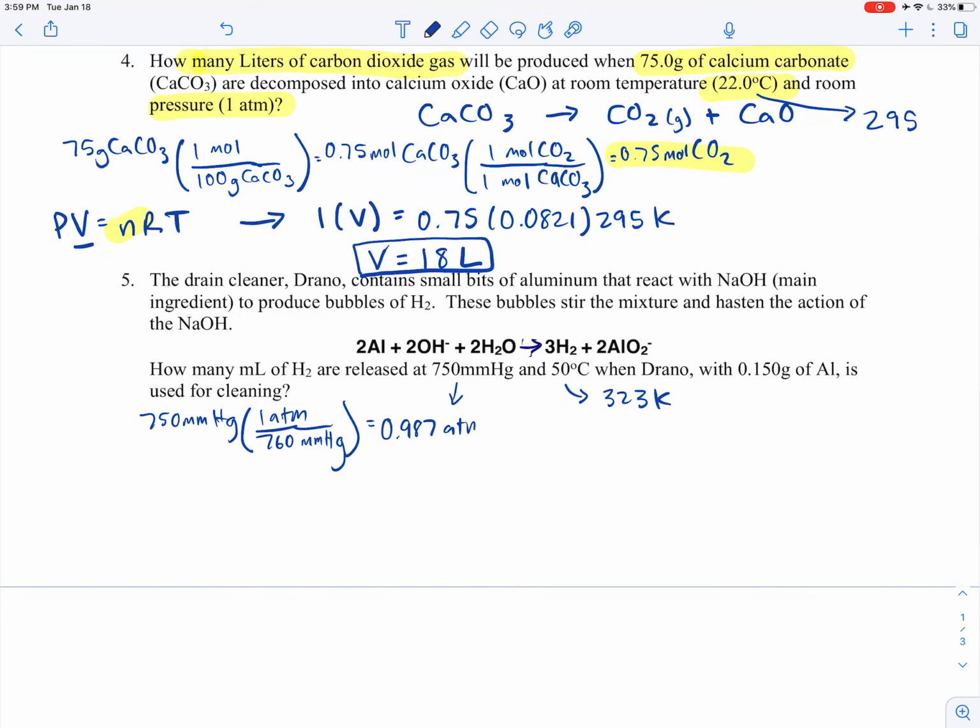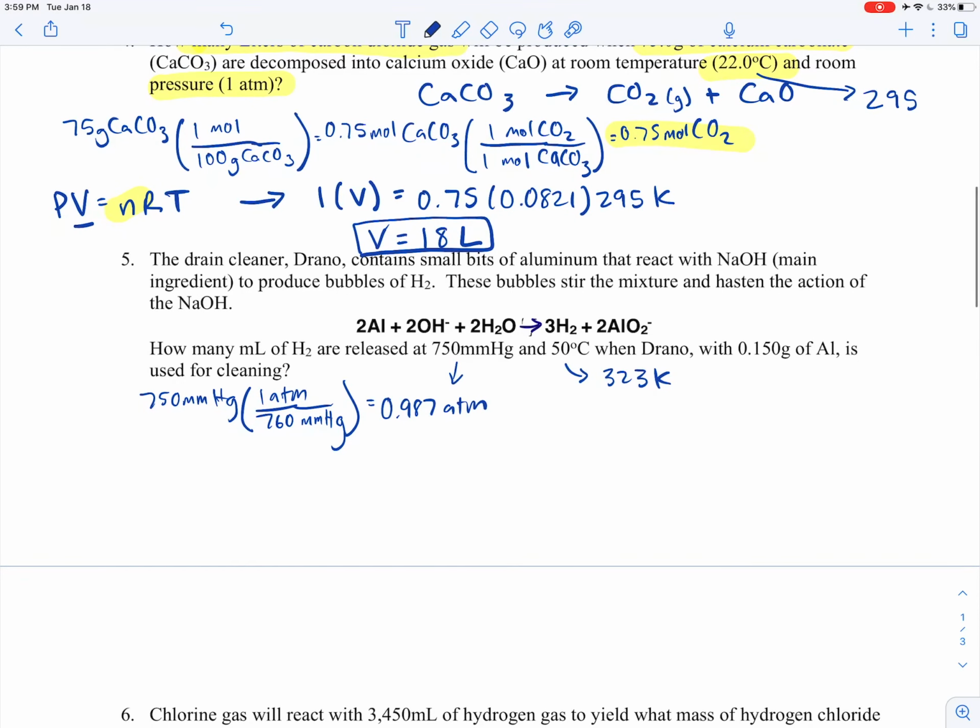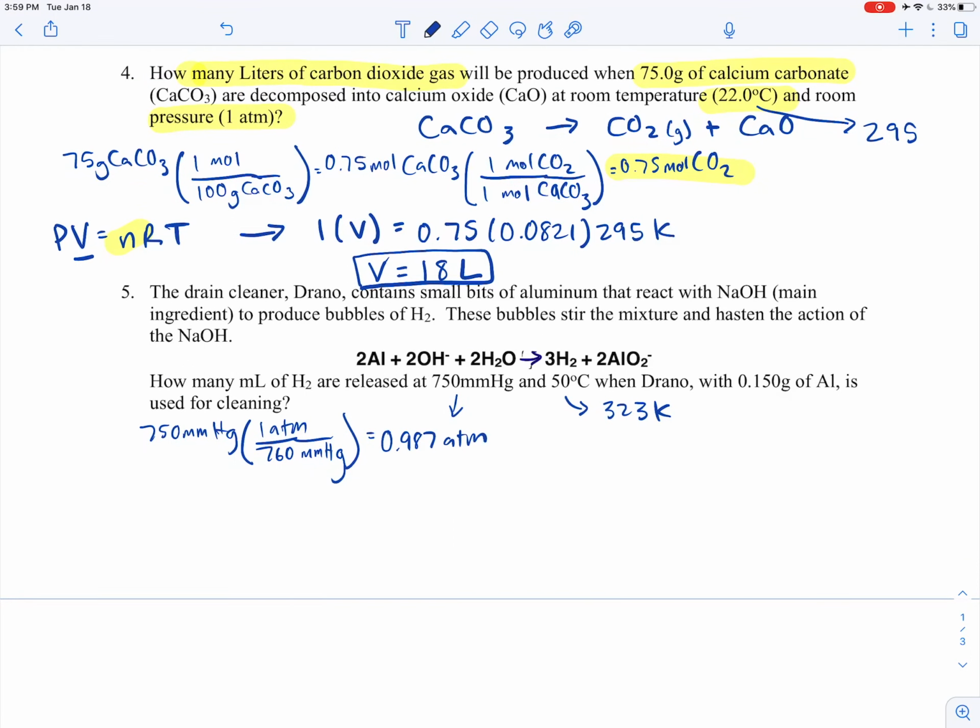That gives 0.987 atmospheres. And so number 5 is similar to number 4 in that we want to use stoichiometry first. It's asking how many milliliters, and we start with grams. So we're going to use stoichiometry. 1.5 grams of aluminum. For every 1 mole, there's 27 grams of aluminum. That gives moles of aluminum.